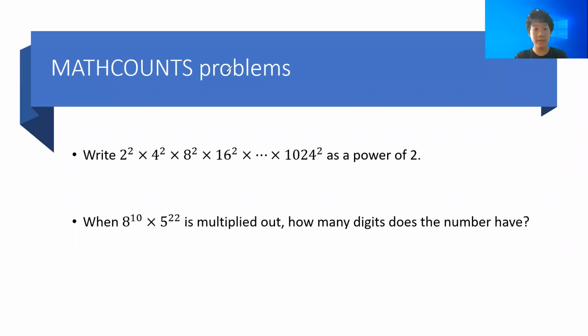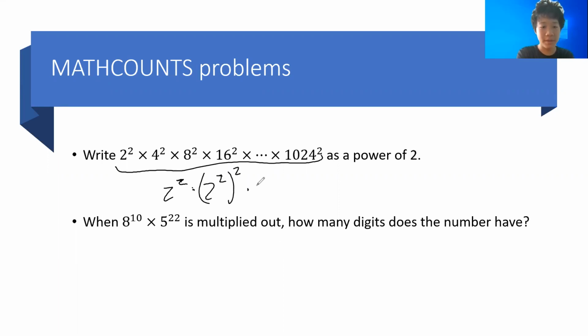So for these problems, first of all, for the first one, you can see how you could just write all of these out as powers of 2, right? 2 to the 2 squared times 2 squared to the squared times 2 to the third to the squared. But that's a lot of math, you know? Why do you have to multiply 2 for every single one of them, right? So what can we do here then?